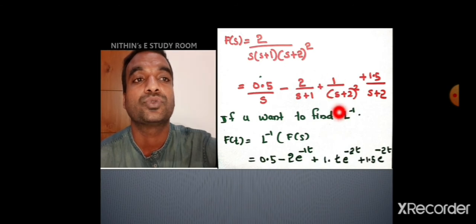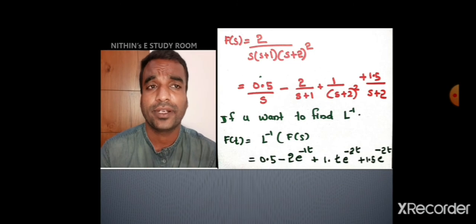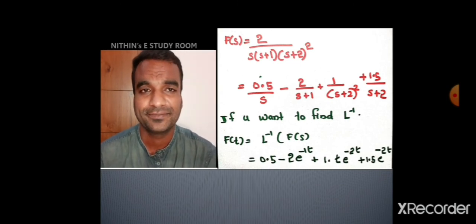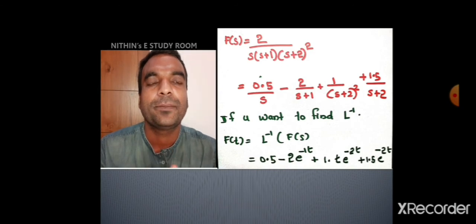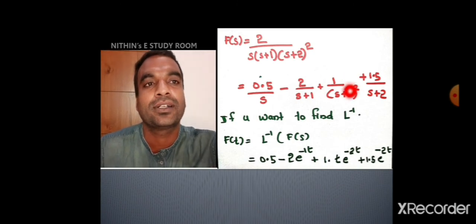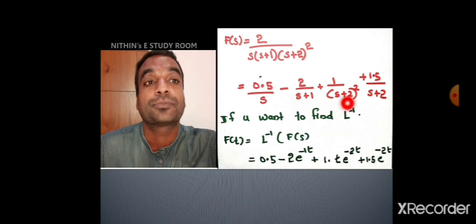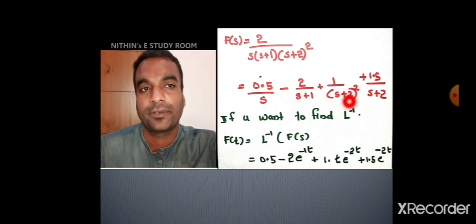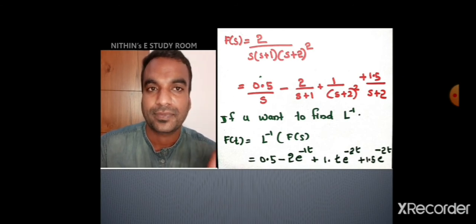Then 1 by s plus 2 square. 1 by s square is t. Please note, it is the shifting theorem. Here it is not 1 by s square; a shifting is there in the s domain. So 1 by s plus 2 square. If shifting is there, we have to multiply the time domain equation with e raised to minus at.